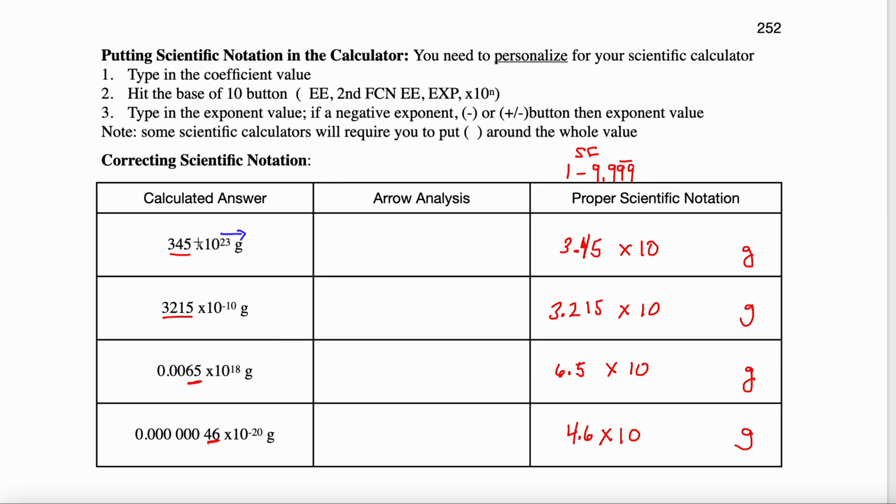But I had a coefficient of 345, and to make it 3.45 in the coefficient, I move the decimal to the left. So I moved it to the left of the 5 and the 4, so it's sandwiched between the 3 and the 4.